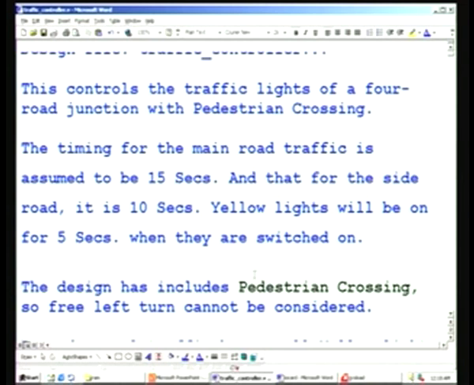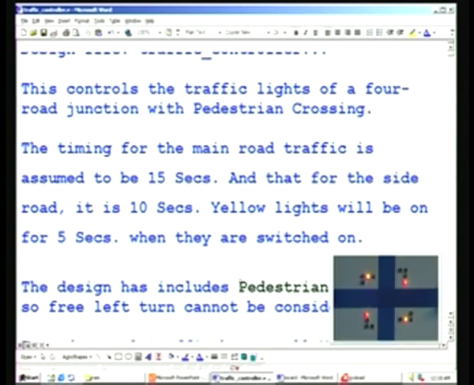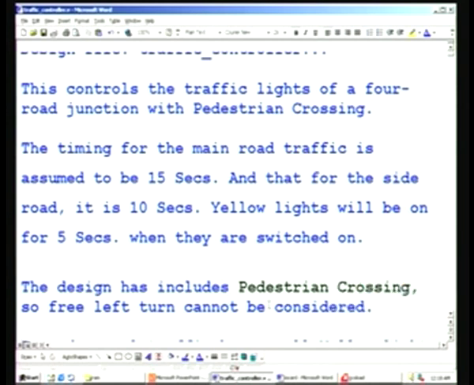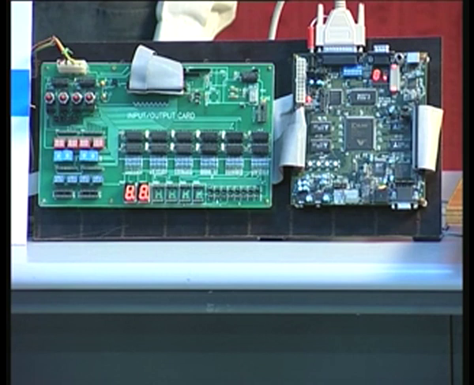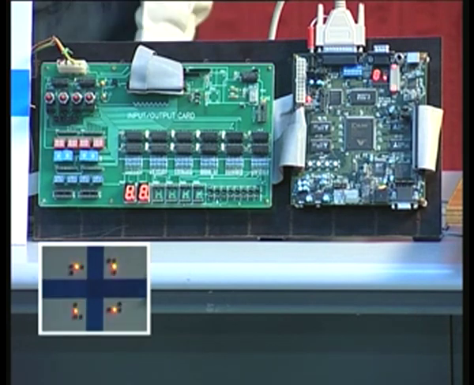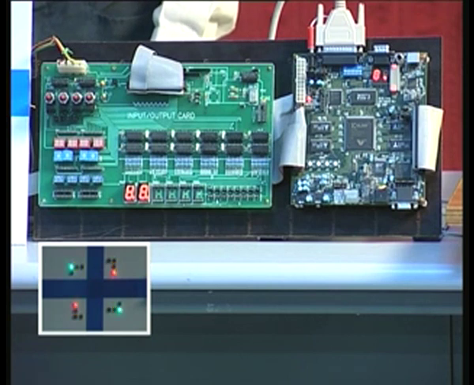What we have done here is added some more features, namely pedestrian crossing, which was given as an assignment earlier, is actually put in this code, and this is not in the demo that you are seeing. And of course blink control is also there.